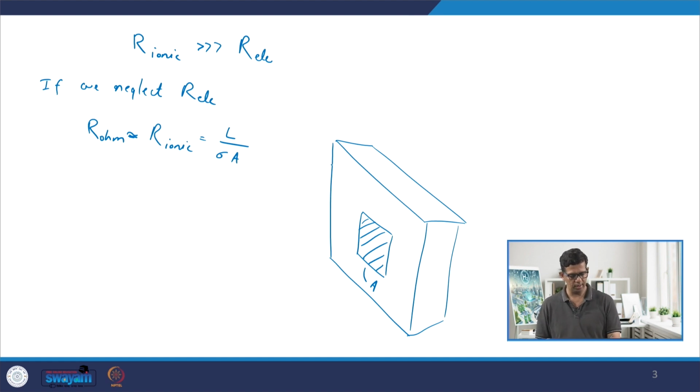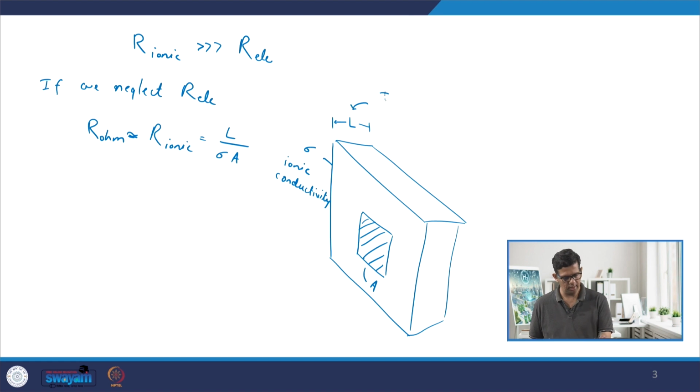So this electrolyte has ionic conductivity sigma, and this is the thickness L, that is the distance travelled by protons from one electrode to the other. So L stands for the thickness of the electrolyte.